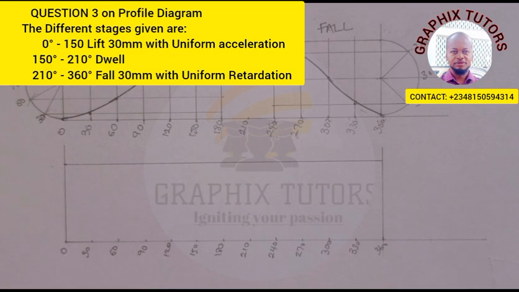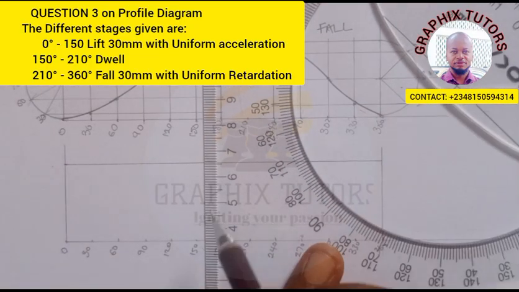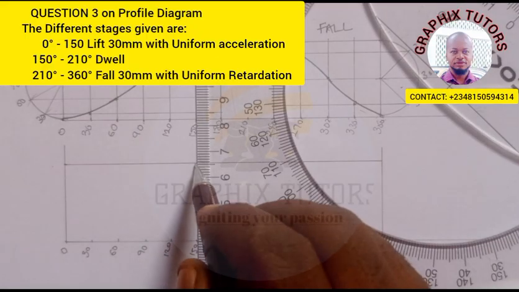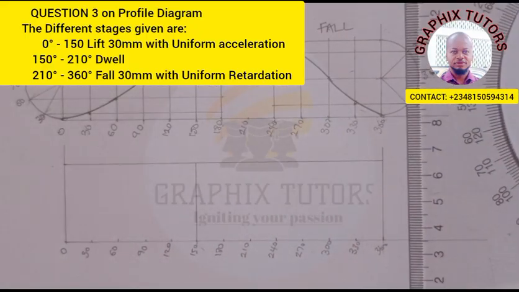So if you look at the question carefully, it says from 0 to 150 is lift, and 150 to 210 is dwell, then 240 to 360 is fall. So the first one is 0 to 150. So this is from 0 to 150. I'll just come here and I'll close it up. Can you see that?